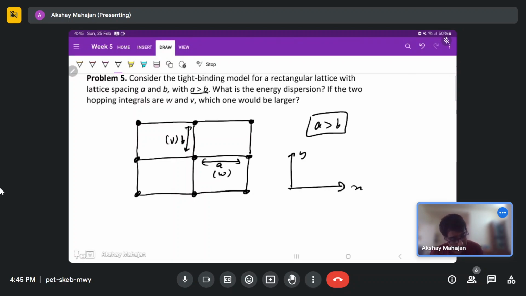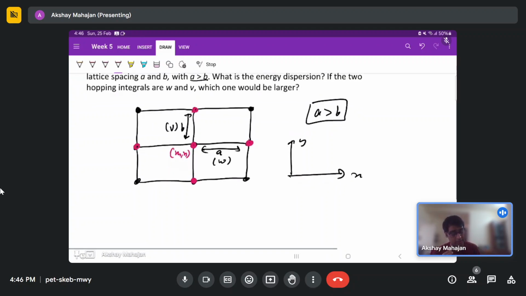Similar to the square lattice, if you take this one as your m comma n, then for the rectangular lattice as well we will have 4 nearest neighbors, because we have to take the nearest neighbors in a 2-dimensional space. Although you can say these two along a are not nearest, they are farther away, we are talking about a 2D tight binding model, so within the 2 dimensions, these 4 points are the nearest ones.